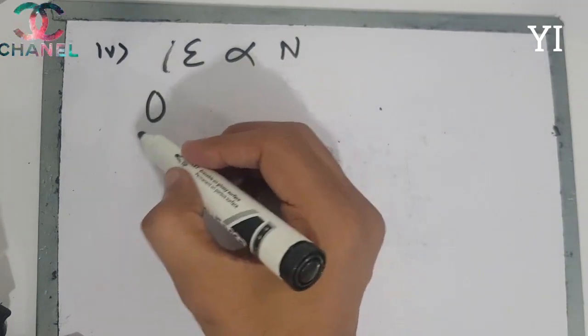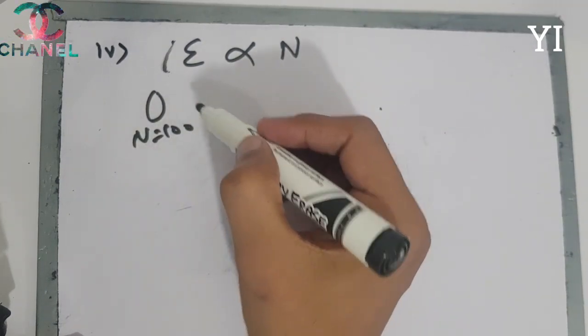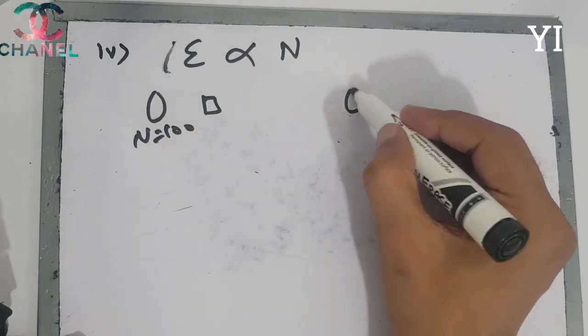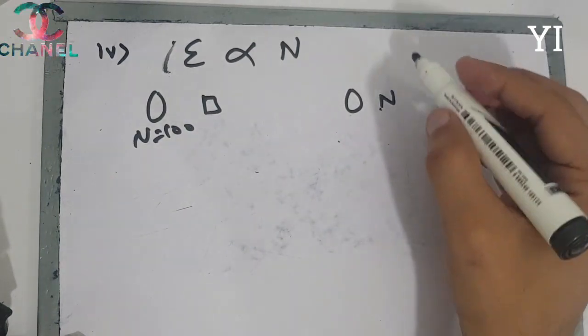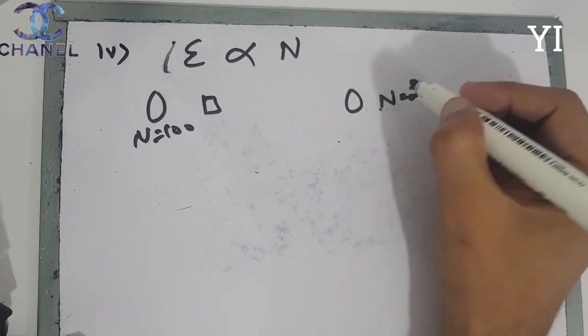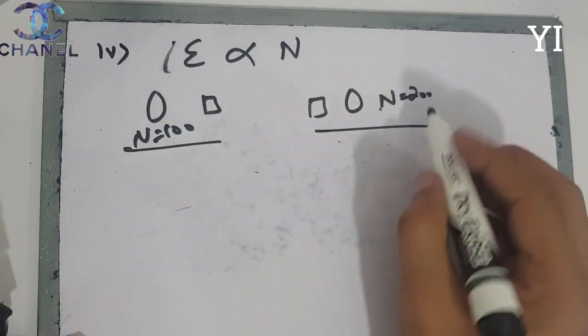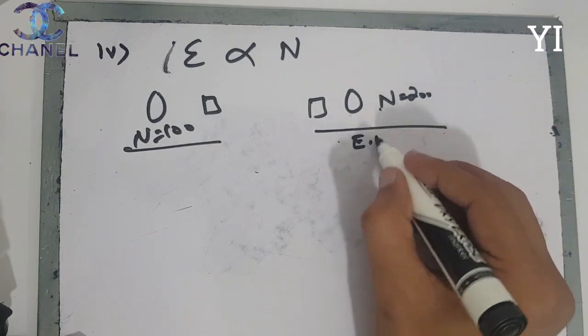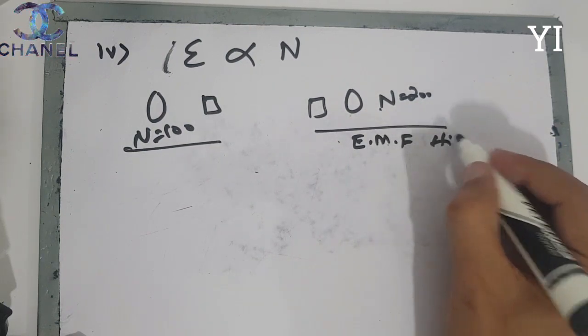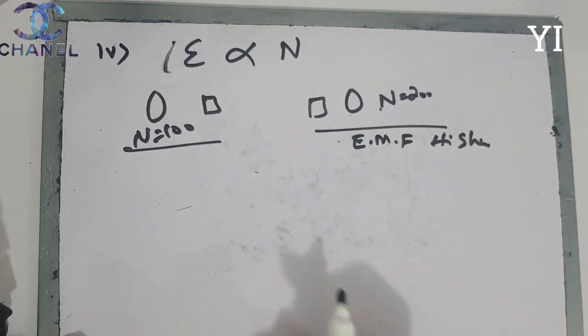Like here the number of turns is 100 and here the number of turns is 200. So the EMF induced in this case is high or higher. Okay, the more the number of turns, the more the EMF is induced.